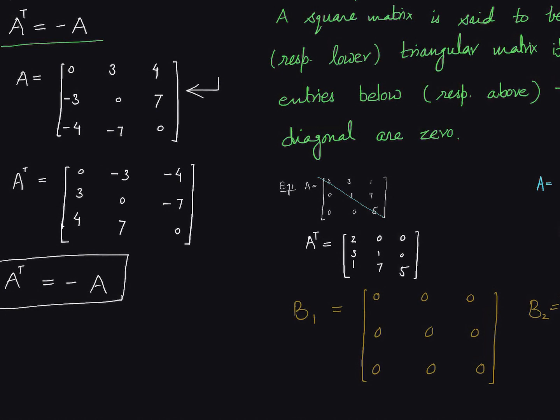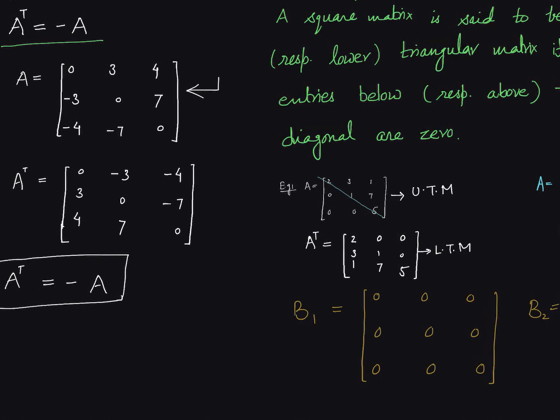Now this was your upper triangular matrix, and if you see its transpose, this is your lower triangular matrix. That means the transpose of an upper triangular matrix is a lower triangular matrix. Similarly, the transpose of a lower triangular matrix is an upper triangular matrix.